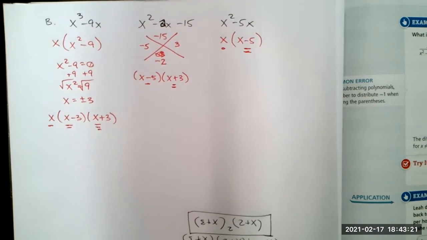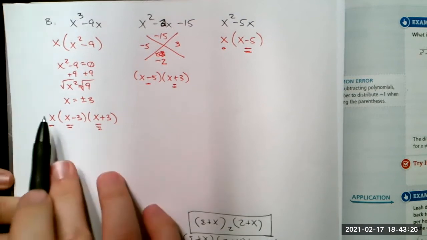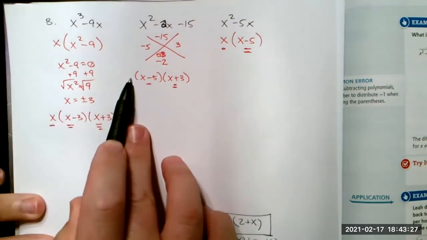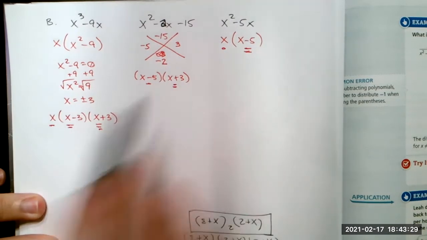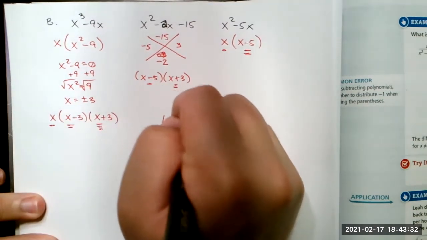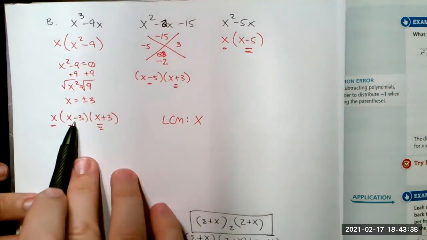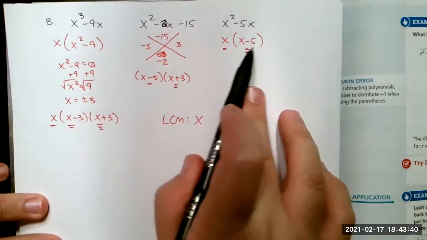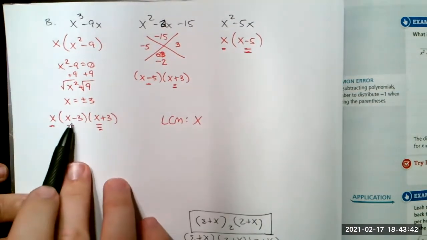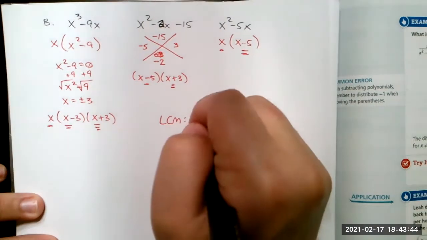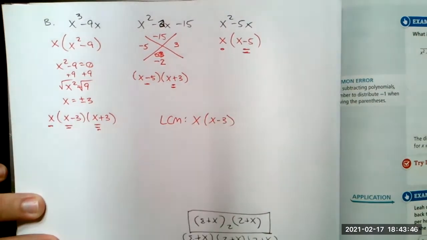So I think the easiest way to come up with this list is to literally just list them out, right? This has an x, this doesn't, this does. So I know my least common multiple has to have an x. This has an x minus 3, this doesn't, but since this first expression had it, it has to be part of my least common multiple.